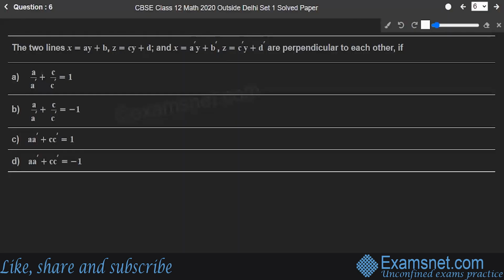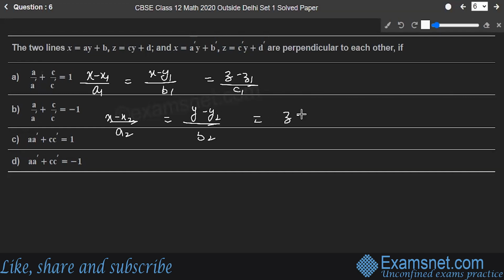Question number 6, two lines x is equal to ay plus b and z is equal to cy plus d, and x is equal to a dash y plus b dash and z is equal to c dash y plus d dash are perpendicular to each other if, see, if you have two lines x minus x1 upon a1 is equal to y minus y1 upon b1 is equal to z minus z1 upon c1, and the other line x minus x2 upon a2, y minus y2 upon b2, z minus z2 upon c2.